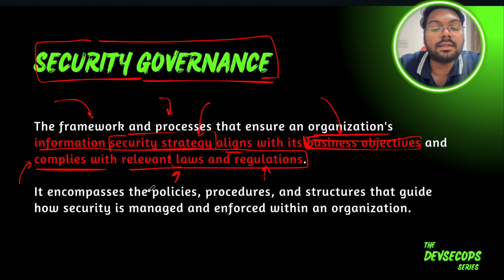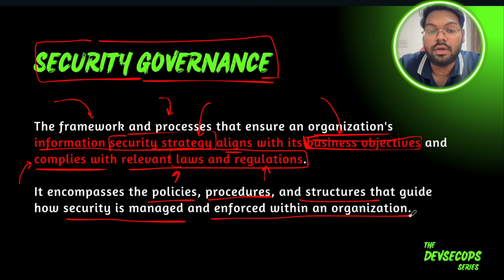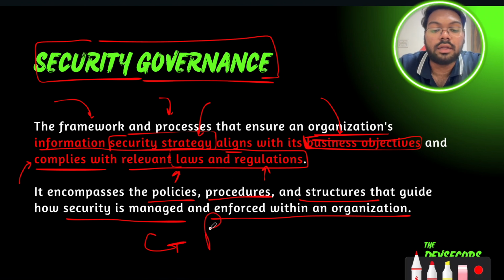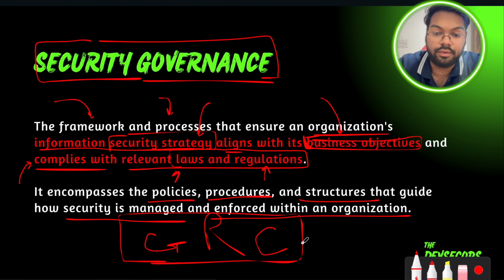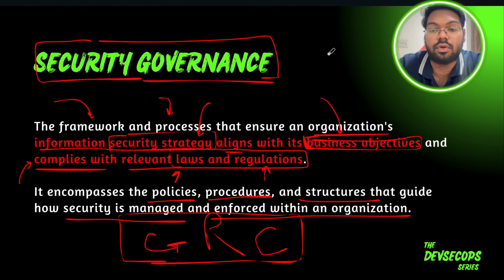Now what happens in that, there are some policies, procedures or structures that guide how security is managed and enforced within our organization. This is what we know as governance. G, then R is risk, and C is compliance, GRC. This is a trio of any security governance, risk analysis or compliance work.